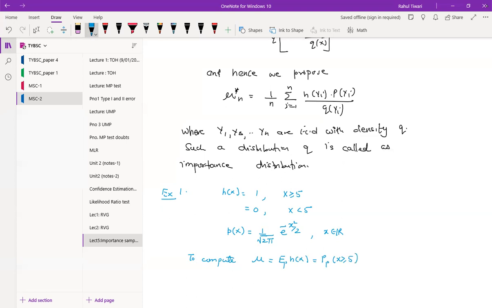Using the ordinary Monte Carlo technique, I will get x1, x2, up to xn observations, IID from the normal 0, 1. This is the usual procedure we have already seen in the previous video. Then compute mu hat using the formula 1 upon n, summation of i running from 1 to n, h of xi, correct?